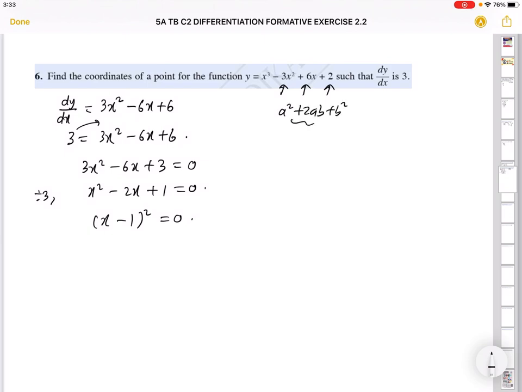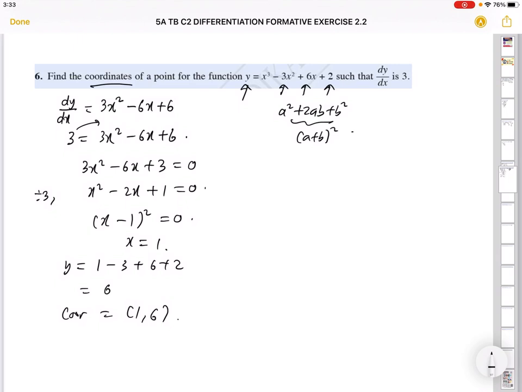We can actually factorize to (a + b)^2. You don't have to use double bracket factorization. So x is now 1. When you find the coordinate, you have to find x and y. I've got my x, I need to find my y. So I sub 1 inside my y here, and I will get 6. So your coordinate is just (1, 6).